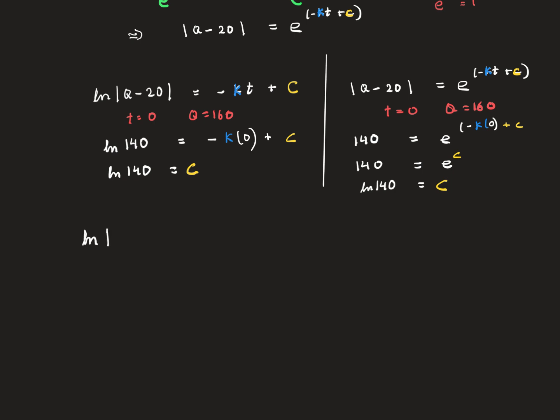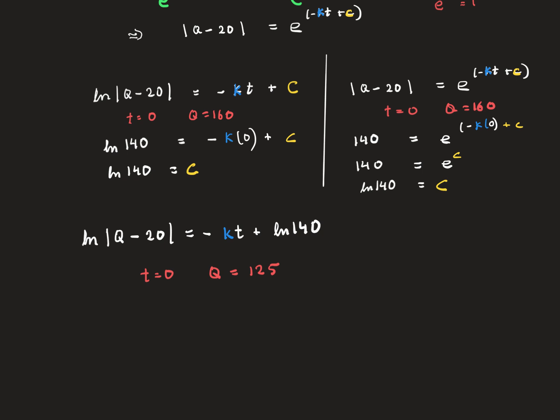ln of θ minus 20 is equal to minus k t plus ln 140. I'll use the left-hand side solution to continue. And we also know that when t is equal to 10, our temperature is going to be 125.